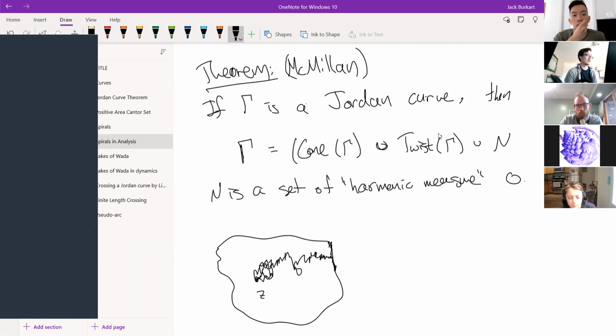And you can actually construct examples of curves, I wasn't able to find one unfortunately, where the cone points have 0 harmonic measure, so that you can have a Jordan domain where the twist points have full harmonic measure, so that the twist points can be a really big set inside of your Jordan curve. And so these are just considerations that are going to happen in complex analysis. You either have a nice cone point or you have a horrible twist point, and then a negligible set after that.